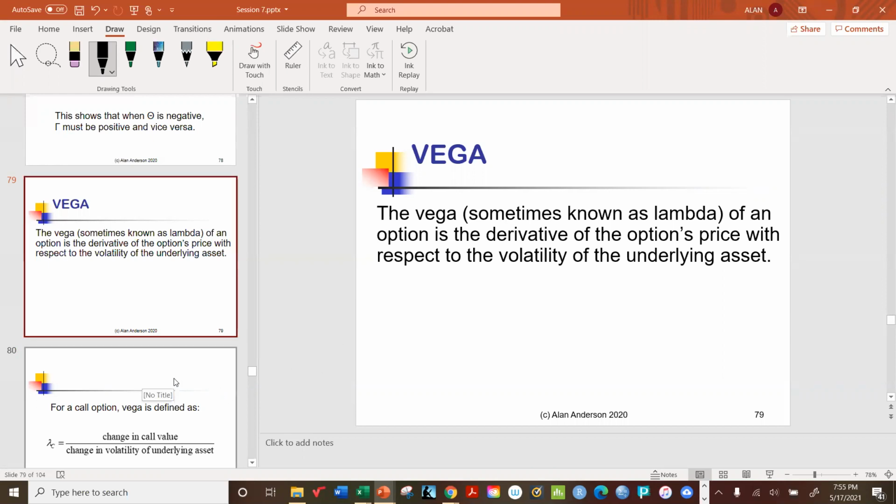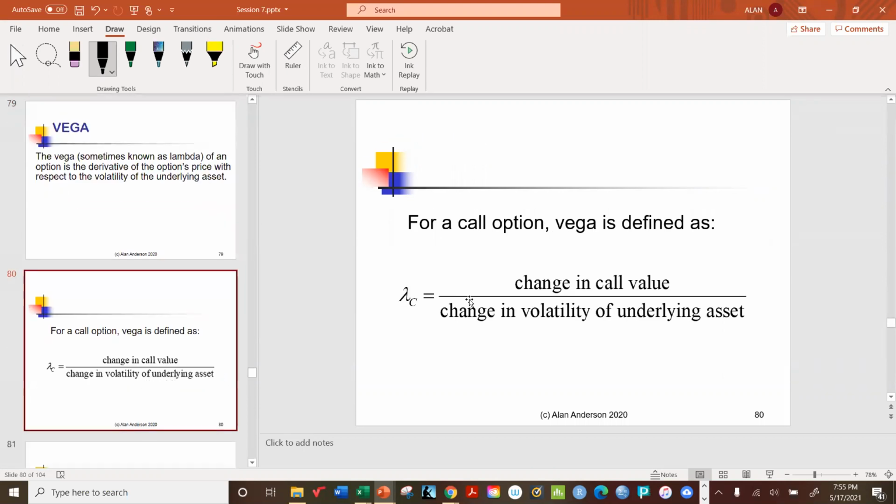On the next slide, you'll see that for a call, this is pretty much what you'd expect. The numerator is the change in the call value. The denominator is the change in the volatility. Remember, we use sigma to represent volatility of the underlying asset.